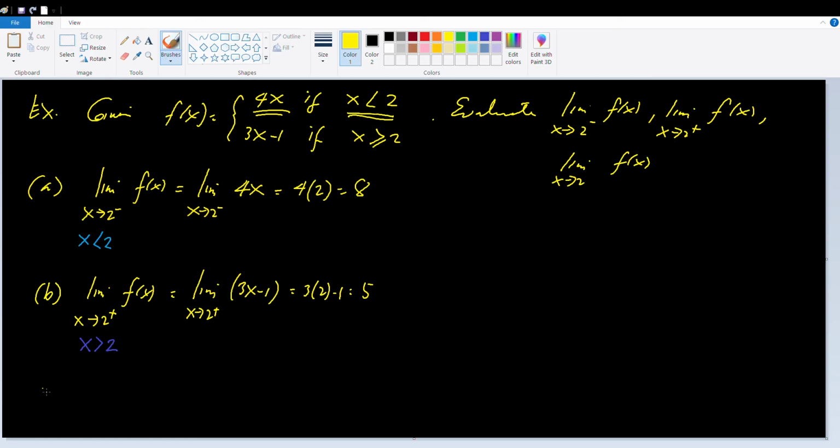Okay? So, we can now answer the third one, the limit of f of x as x approaches 2, the two-sided limit.